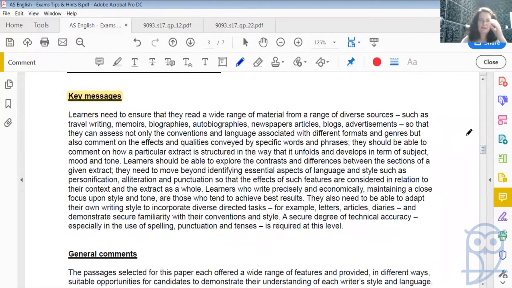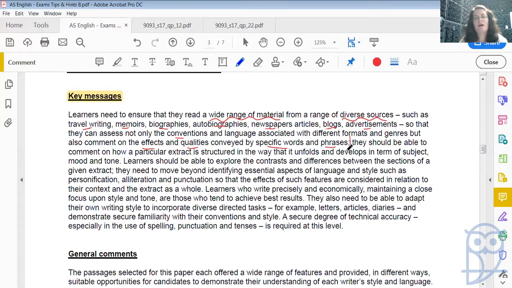The key message was that learners need to ensure that they read a wide range of material from a range of diverse sources, such as travel writing, memoirs, biographies, autobiographies, newspaper articles, blogs, and advertisements, so that they can assess not only the conventions, the things that typically occur in those kinds of writings, and the language associated with different formats and genres, but also comment on the effects and qualities conveyed by specific words and phrases.